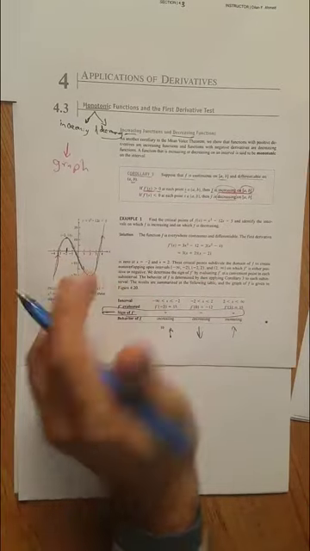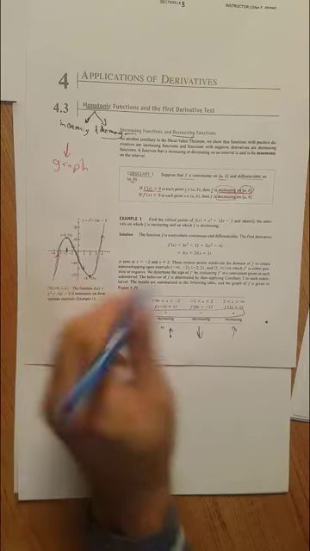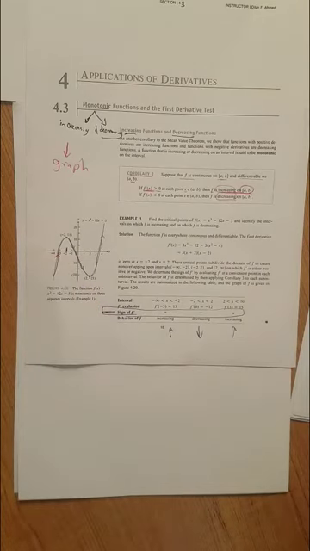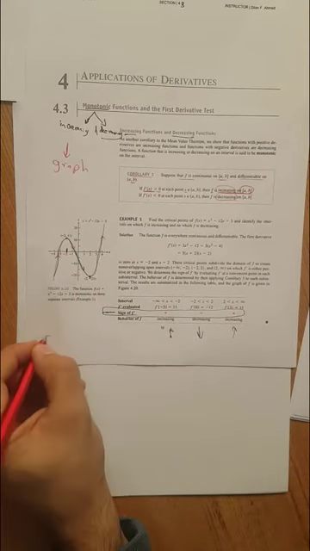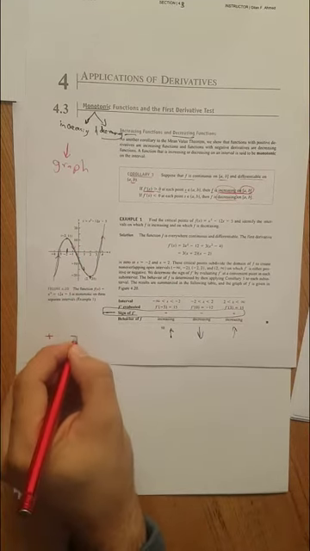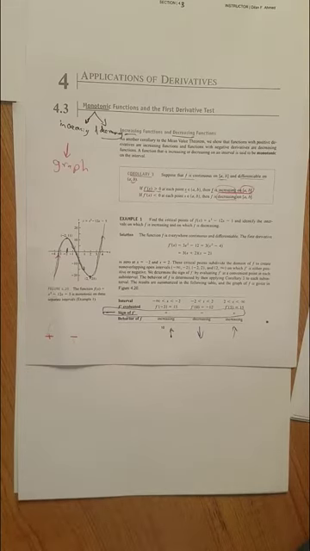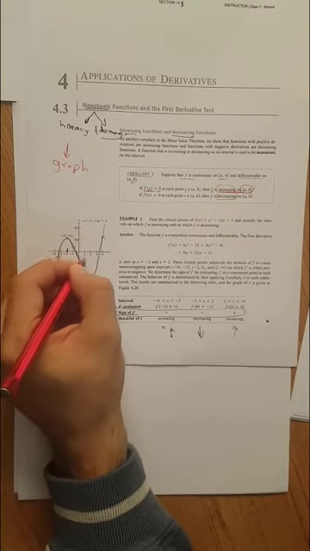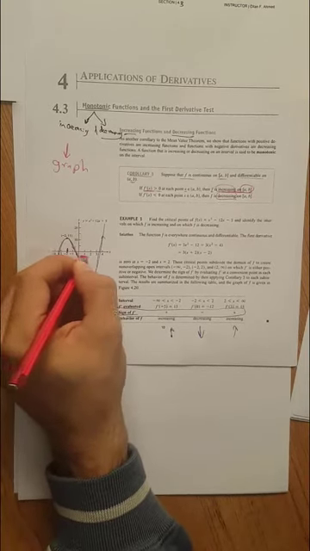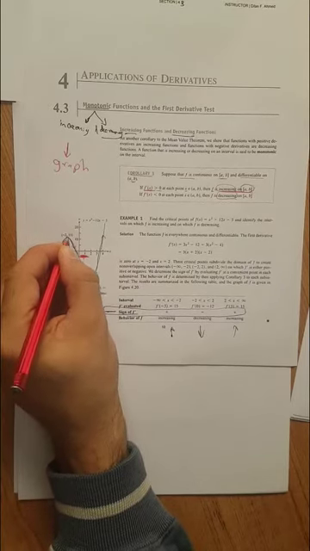If you want to find the local maximum and local minimum points, he says that if the sign changes from positive to negative, it means we have a maximum. Look, here's positive, here's negative.